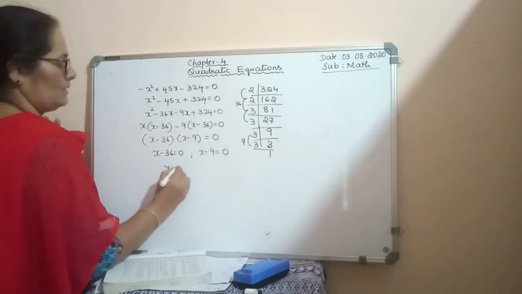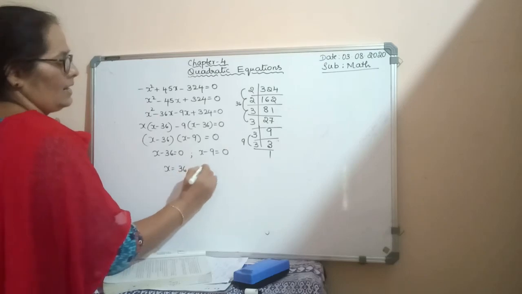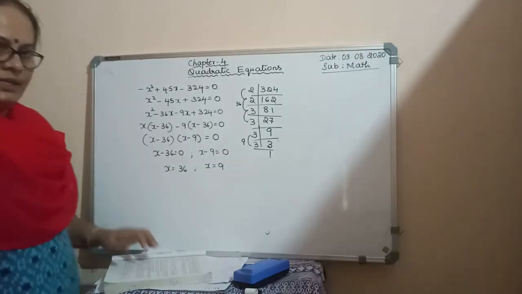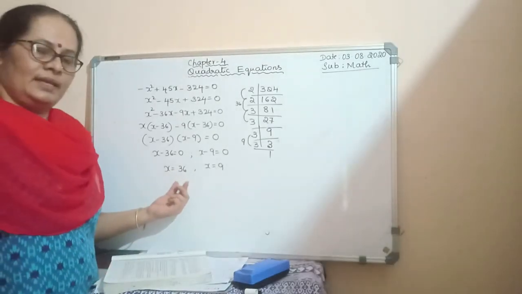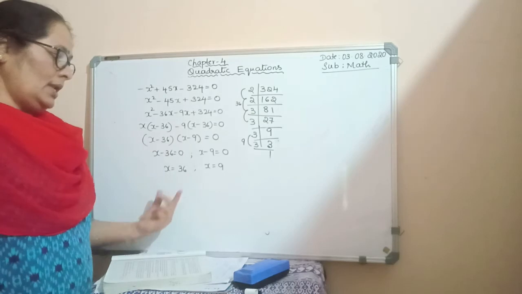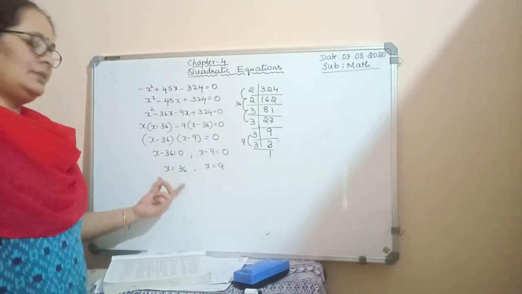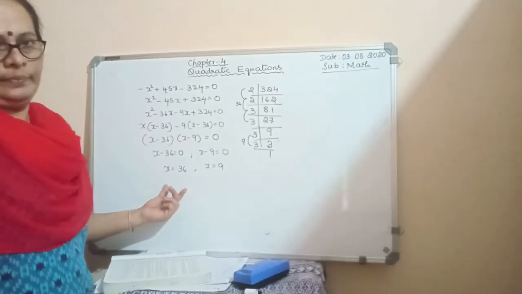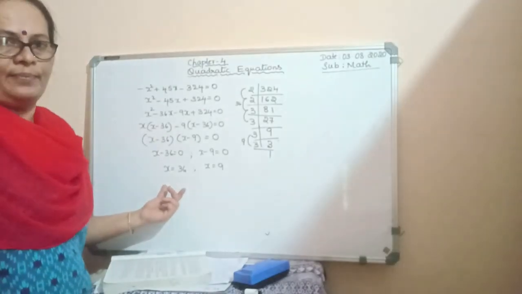So x equals 36 and x equals 9. Now the question is, when John has 36, then Jeevanti has 9 marbles. If John has 9 marbles, then Jeevanti will have 36 marbles. I hope you understood these two examples.